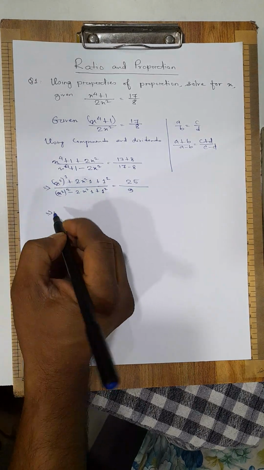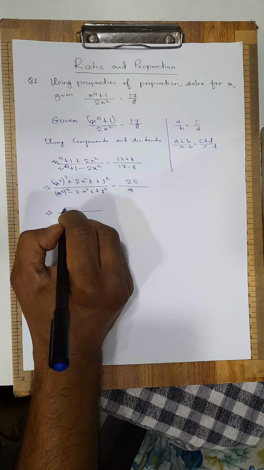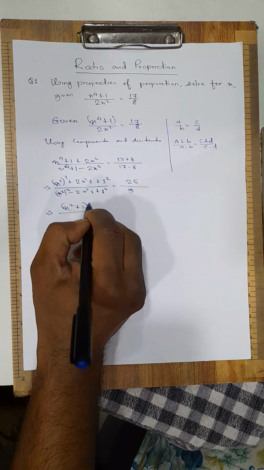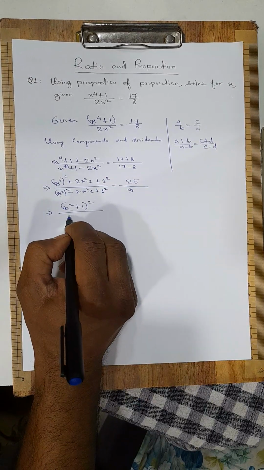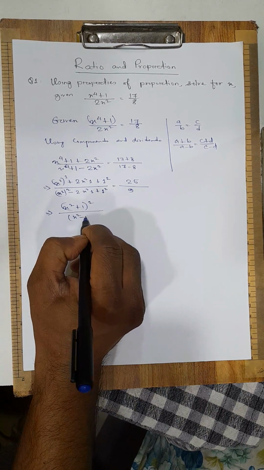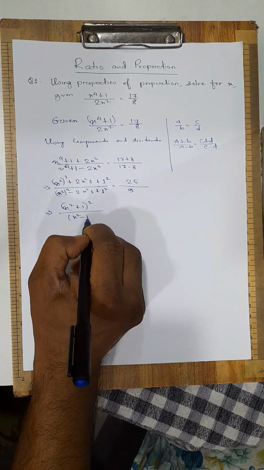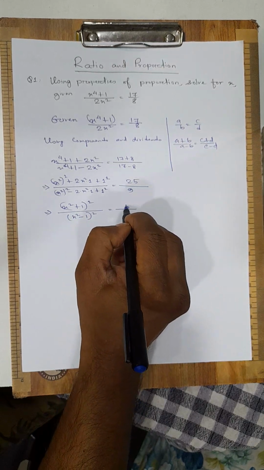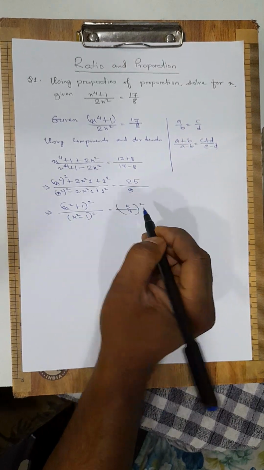So numerator can be written as a plus b whole square. Denominator can be written as a minus b whole square. On the right hand side you can write it as 5 by 3 whole square.